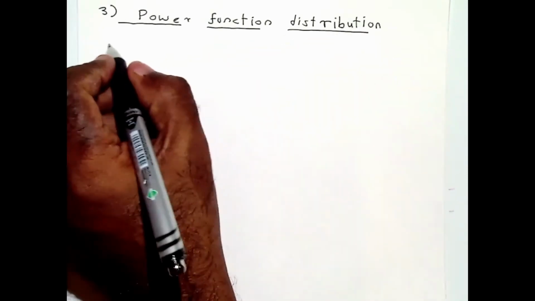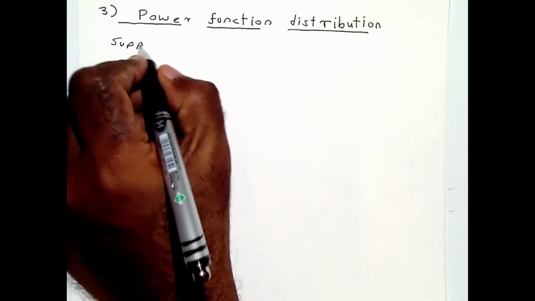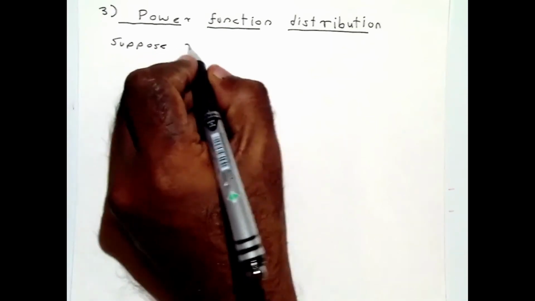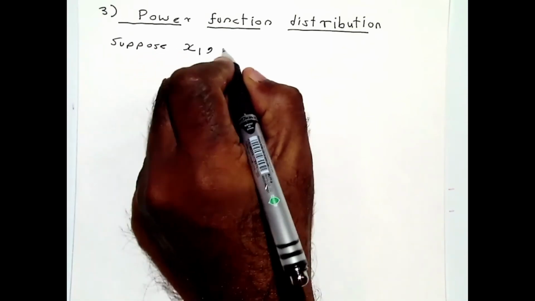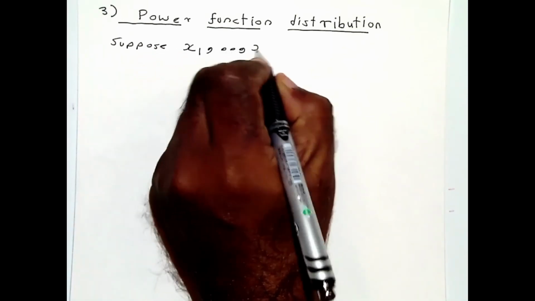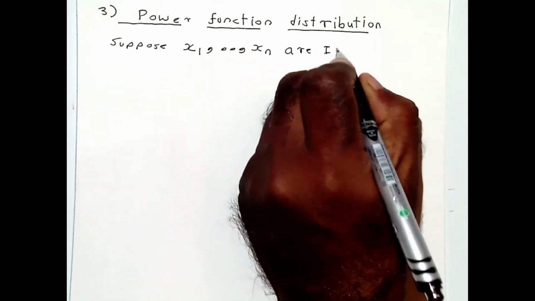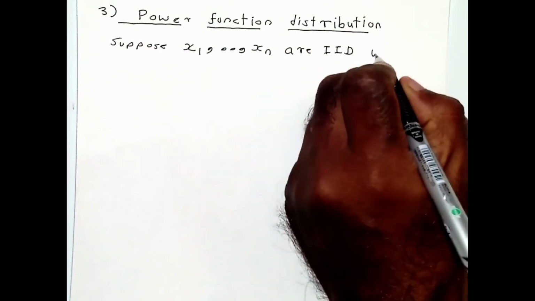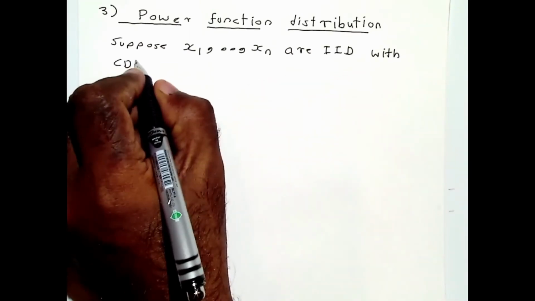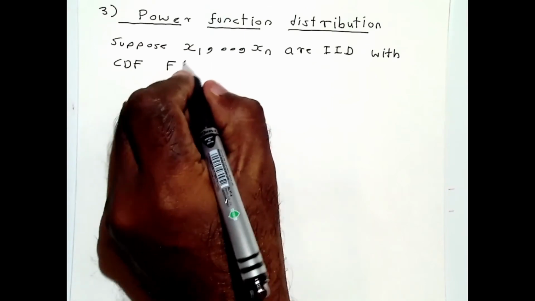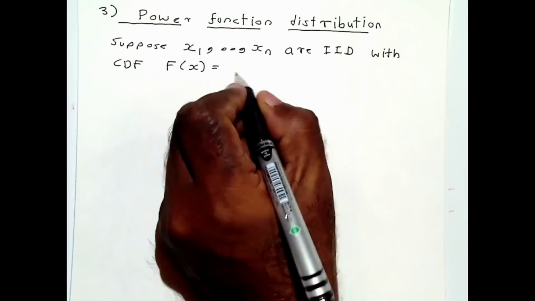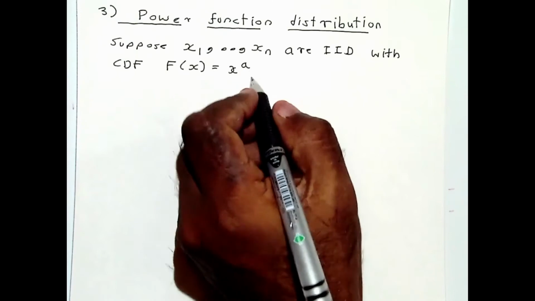So I shall suppose that the losses x1 to xn are IID with the cumulative distribution function given by this.